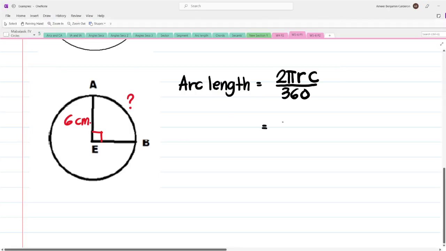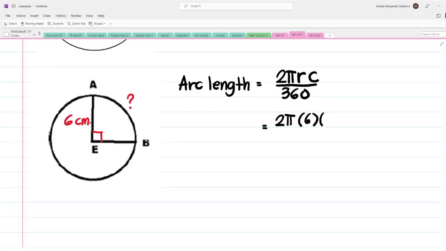So that is 2 pi, R is 6. The central angle is with this marking, and this is for our right angle. So our right angle measures 90 degrees. That is always 90 degrees over 360. So we just press that in our calculator as well.